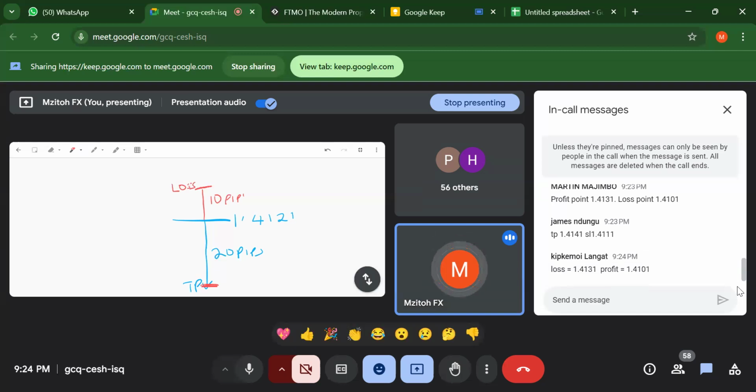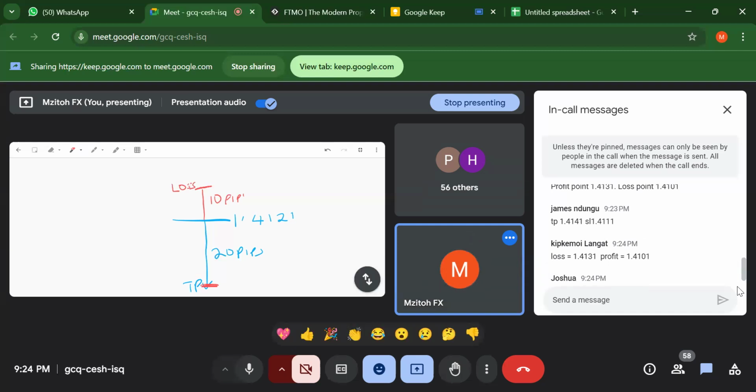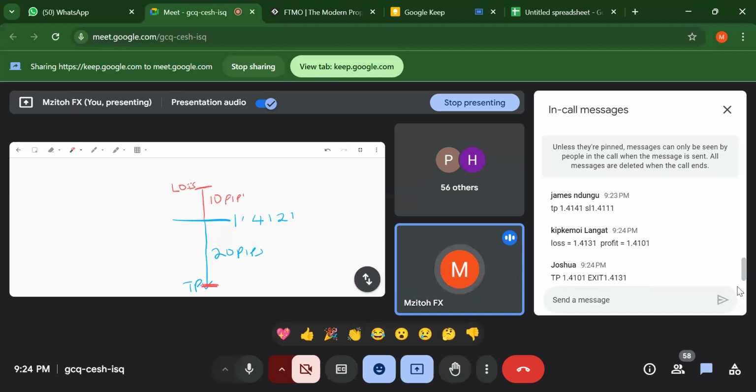James Ndungu, 1.4141, SL 1.4111. I think SL is wrong. Kemoi Lagat, 1.41, SL 410, TP correct. Joshua, TP correct, SL correct. Machocho, correct for TP, SL wrong.